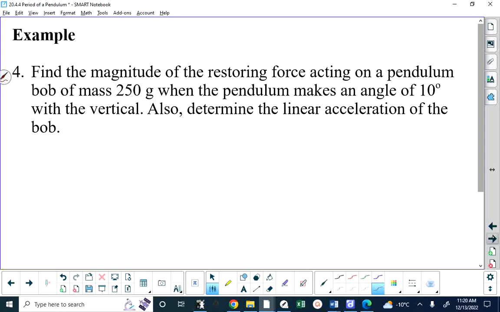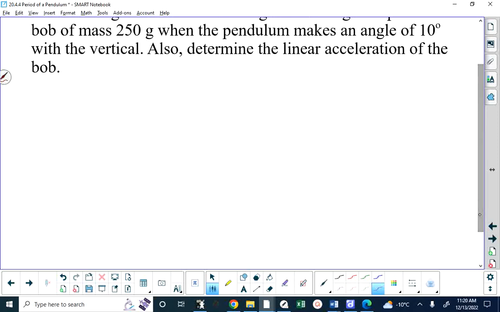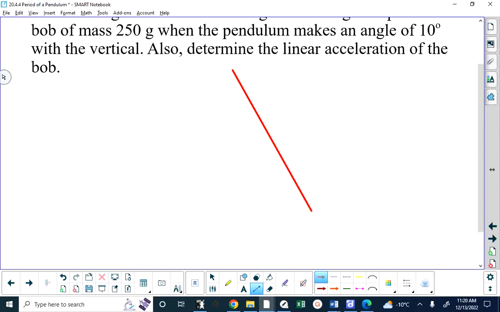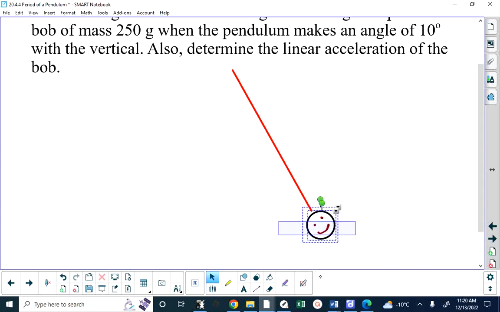Well, if we draw this, and I'm going to draw it so that it's more than 10 degrees to make a point. This is the length of string, and that's more than 10 degrees. Okay? Let's draw a bob on there. There's Bob. Pendulum bob, so let's call him Bob.